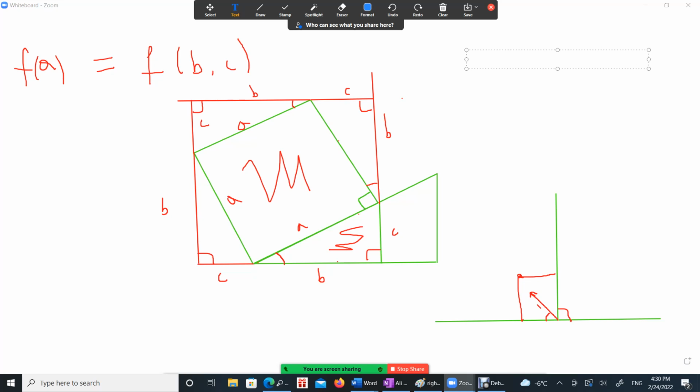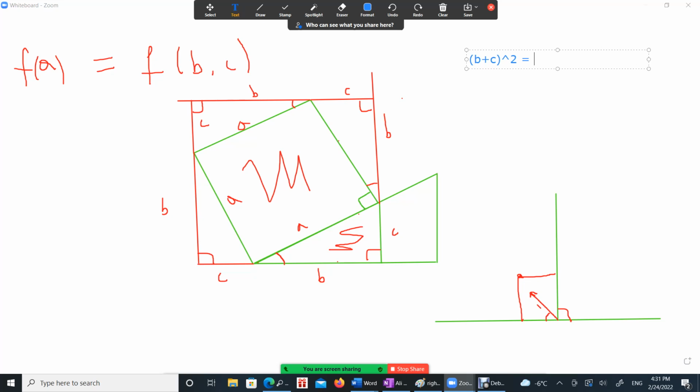So the area of the larger square of side B and C is, by formula, let's see here, that's the second exponent, which could be explained in another video, should equal the area of its components.